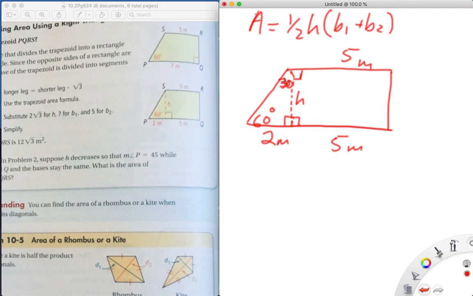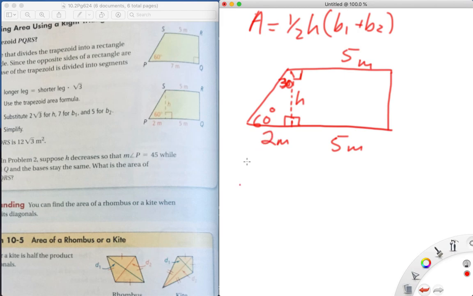So remember that anything opposite of the smaller angle on a triangle is the smaller side. In this case, since this is 30, this 2 centimeters here is the shorter side, which makes this H the longer side or the longer leg. So this would be the shorter leg, this would be the longer leg, which would make this the hypotenuse.